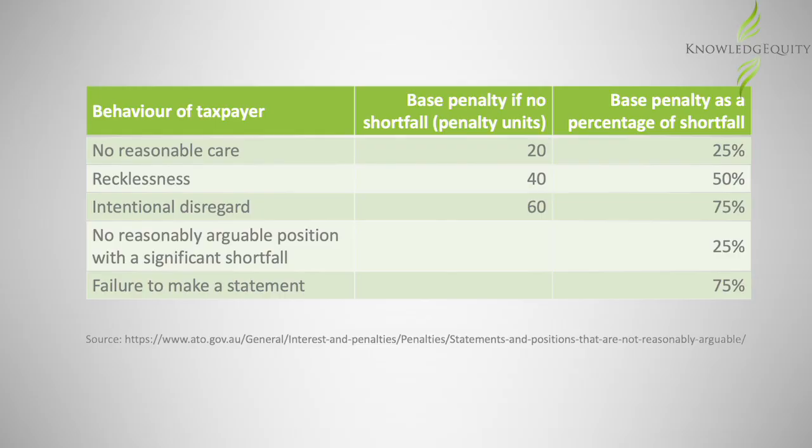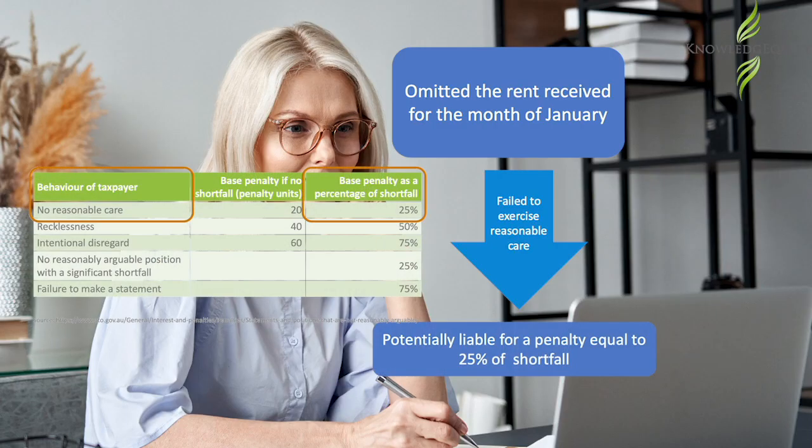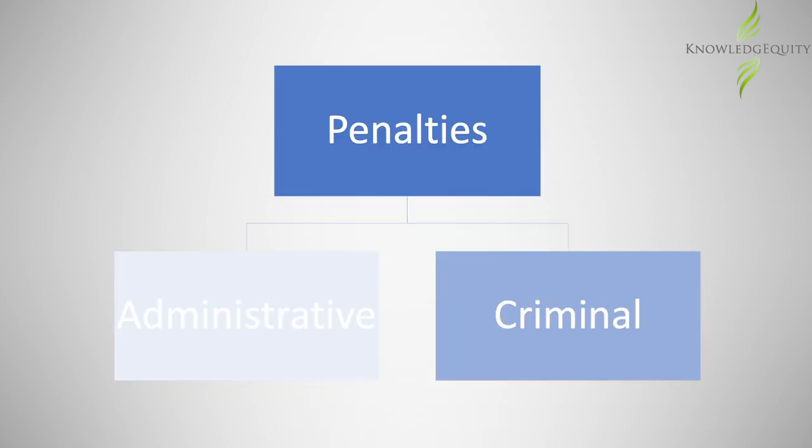Caitlin will pay less tax as a result of this error, and therefore a tax shortfall arises. Caitlin is potentially liable for a penalty equal to 25% of the shortfall. However, if after lodging her return, she becomes aware of the shortfall and informs the Commissioner, her penalty may be reduced. In some situations, taxpayers and their agents might be subject to criminal penalties.